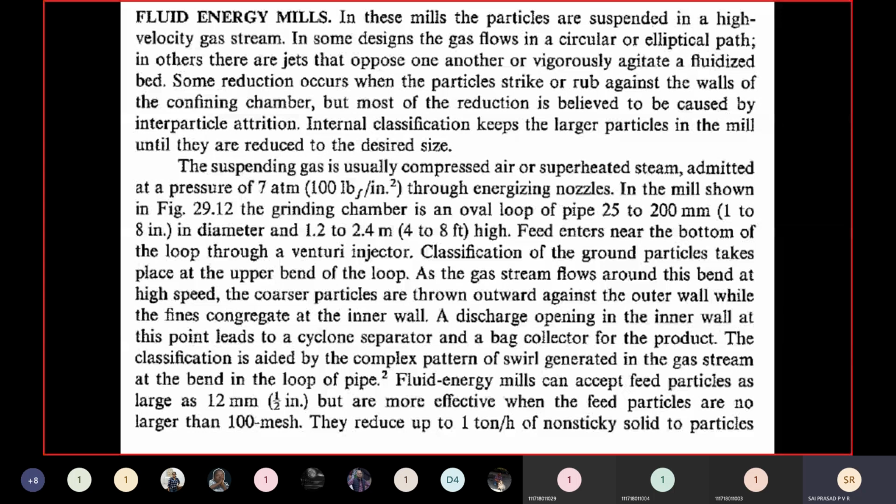I repeat once again, as we are going from primary crushers to the last crushers, the capacities are falling down, the power consumptions are increasing, the efficiencies are lost, we are losing more energy, and even the reduction ratios are reduced. So this is what we are supposed to think before we go for another concept.